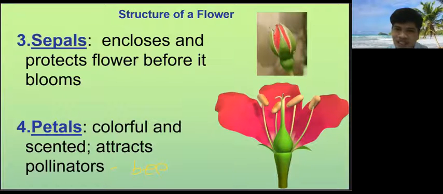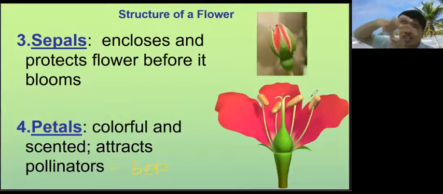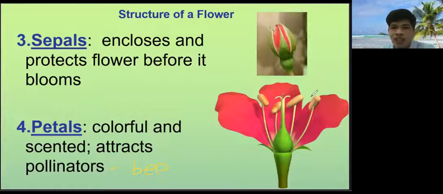When the pollinators step on the anther, the pollen grain will be attached to the feet of the insect, let's say the bees or the butterfly. And when the butterfly steps on the stigma, some of the pollen will be left here, and the pollen will travel through this part, the ovary.